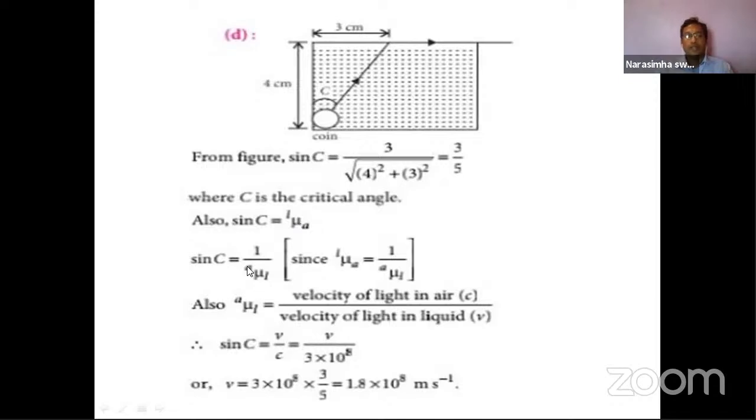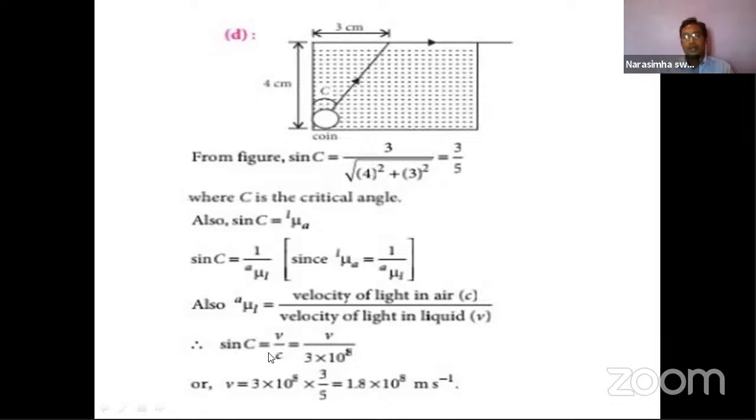Also, that's the formula: mu is the velocity of light in air to the velocity of light in liquid. That gives the refractive index. That is C by V.